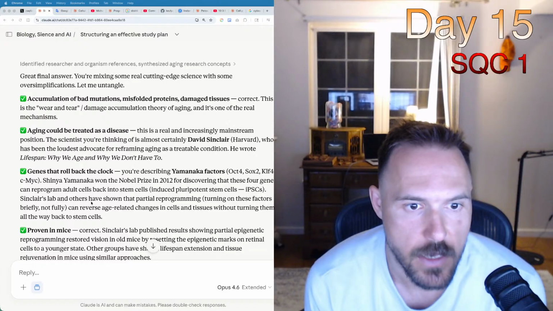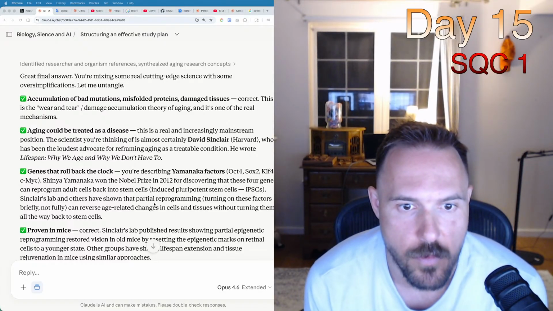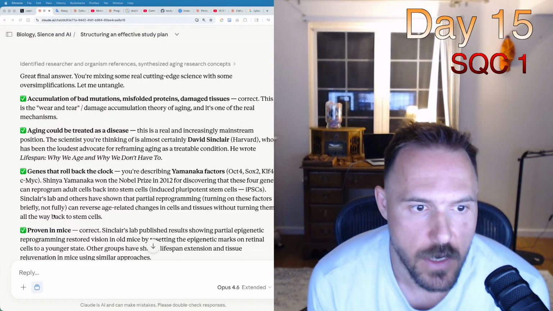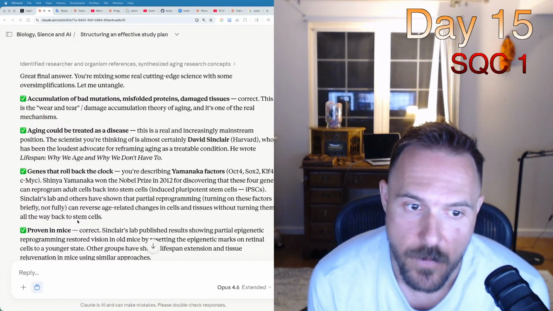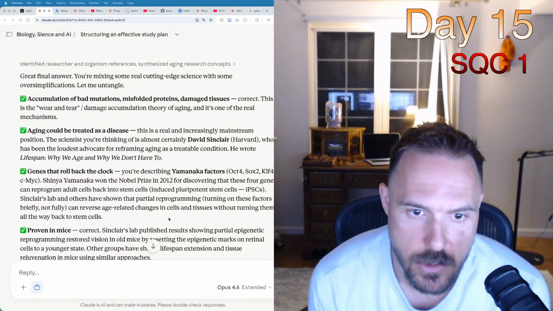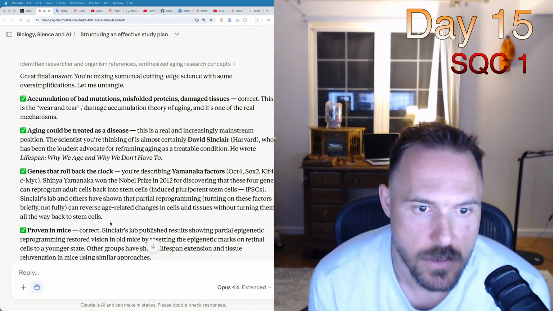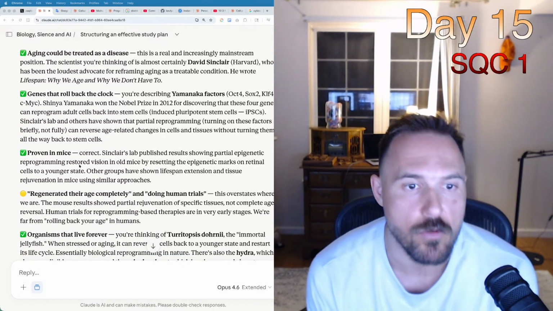Sinclair's lab and others have shown that partial reprogramming, turning on these factors briefly, not fully, can reverse age-related changes in cells and tissue without turning them all the way back into stem cells. Proven in mice, correct.